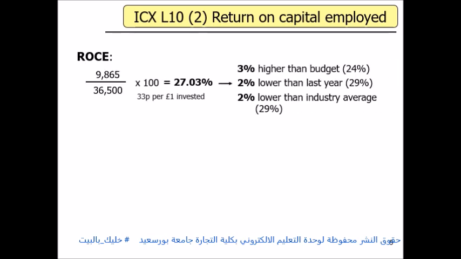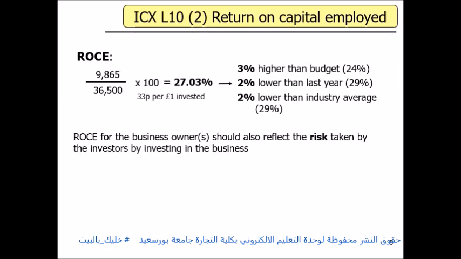As we said before, the return on capital employed equals net profit divided by closing capital plus long-term debt, multiplied by 100. We achieved 27%, which is higher than the budget by 3%, lower than last year by 2%, and lower than the industry by 2%.